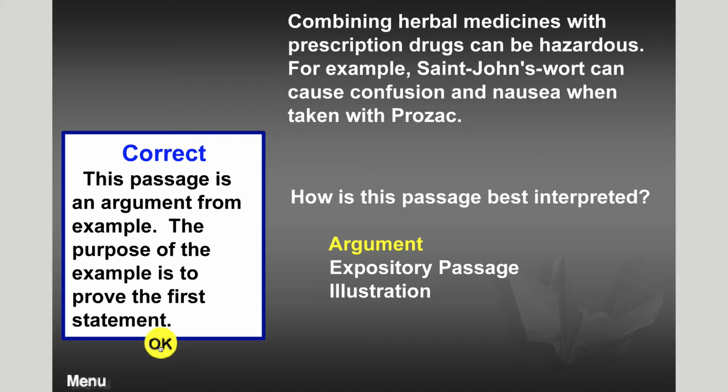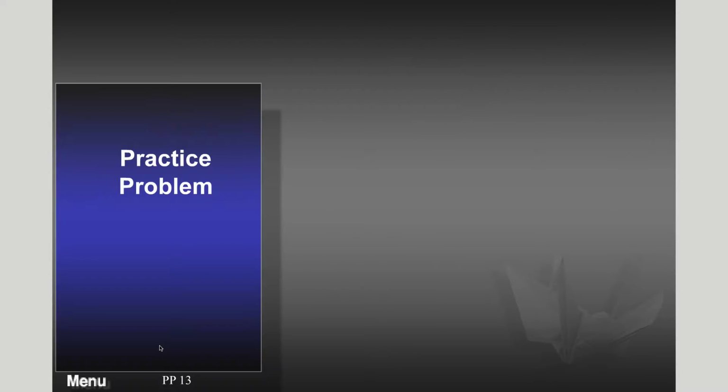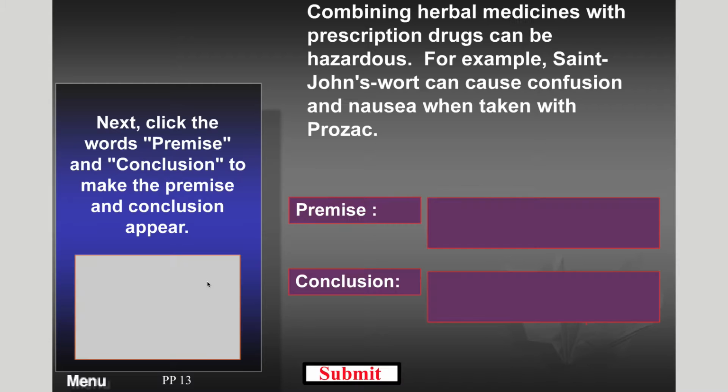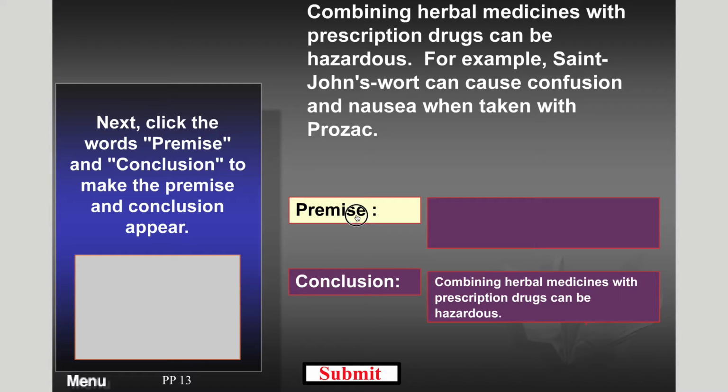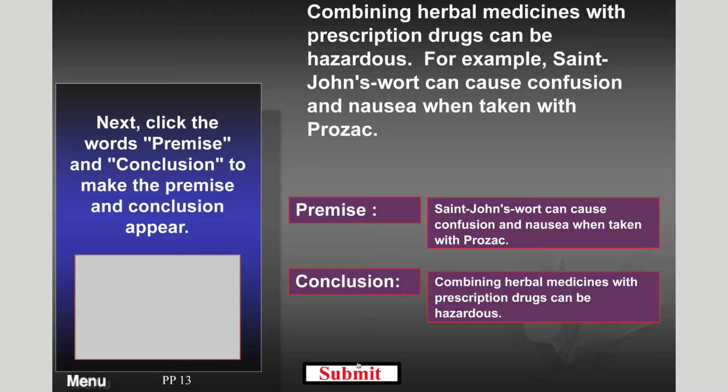Do not drink that water. The three times, these are examples I'm giving, that I drank from that water, I became sick later. Right? Conclusion, followed by a premise. So let's look at that conclusion: combining herbal medicines with prescription drugs can be hazardous, and let's put in that premise: St. John's wort can cause confusion and nausea when taken with Prozac.